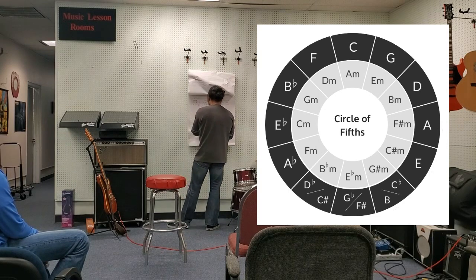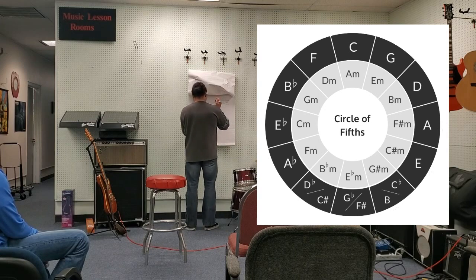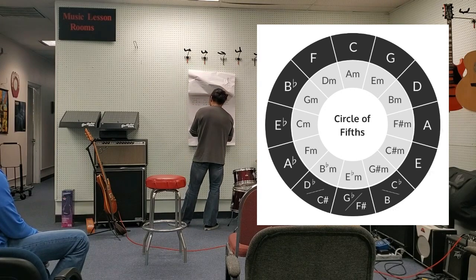And at the very bottom, at the 6 o'clock position, which my circle got all messed up, so it didn't work, you have your G flat / F sharp.